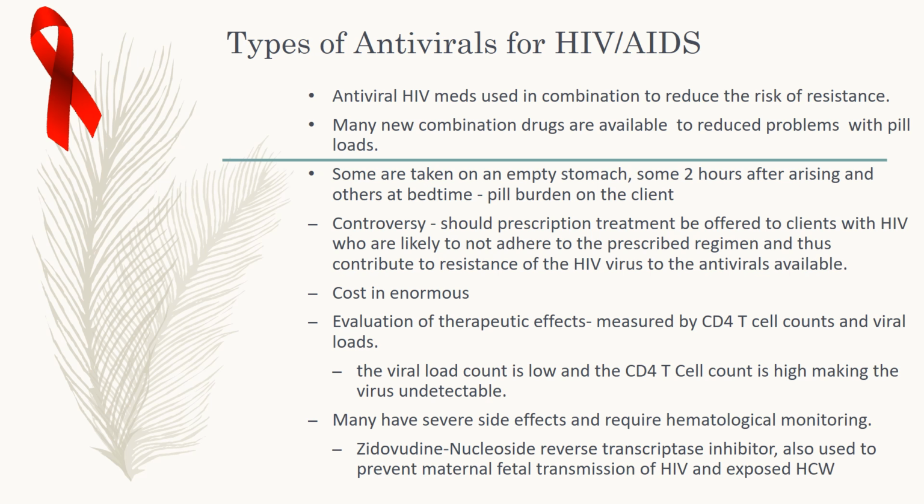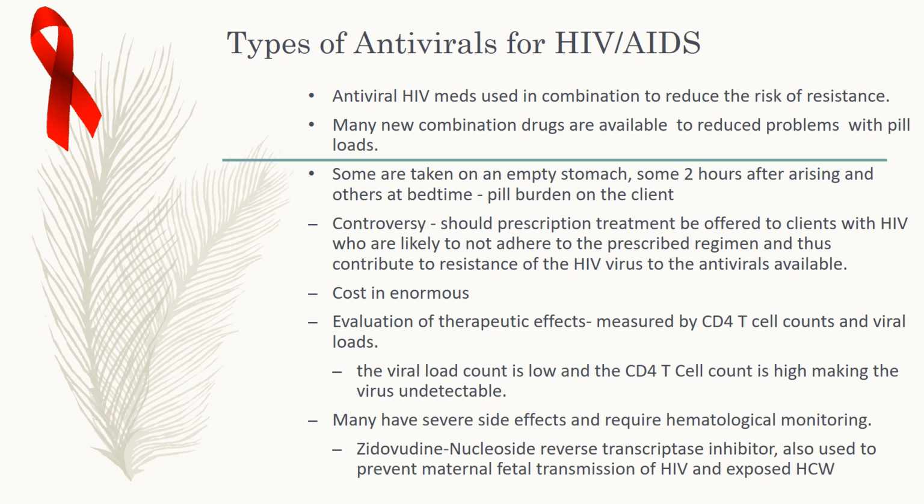So when we do have patients that are taking their medicines, what do we evaluate for therapeutic effects? We got to measure that CD4 count, T cell count, and the viral load. So when someone is diagnosed with HIV before any treatment, they will have a high viral load and a low CD4 T cell count, because that's what's attacked.